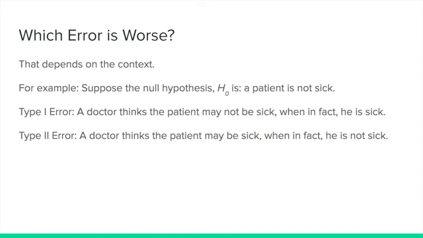So oftentimes, we have to decide which of these things is the most important. Would we rather err on the side of a type 1 error if need be, or a type 2 error if need be? Hopefully, we don't commit many of these errors, but occasionally, it's unavoidable depending on how things stack out with our samples.